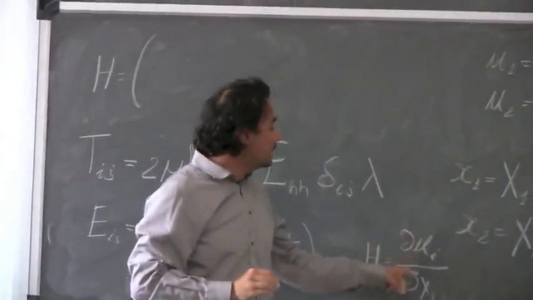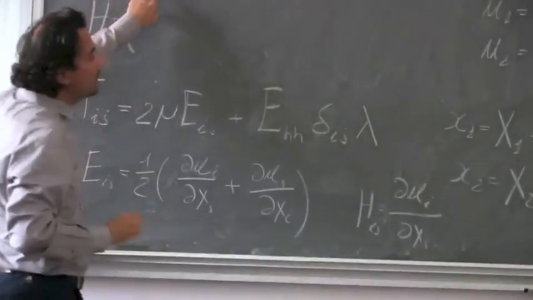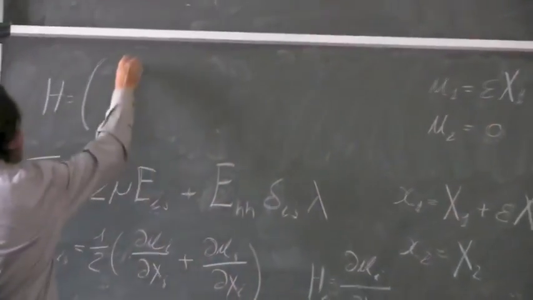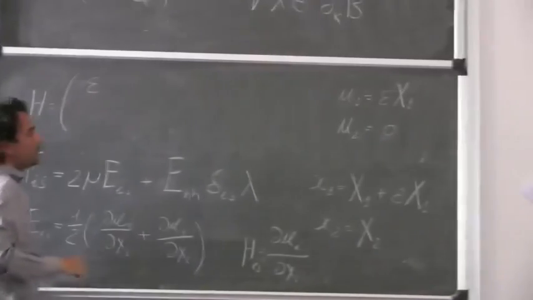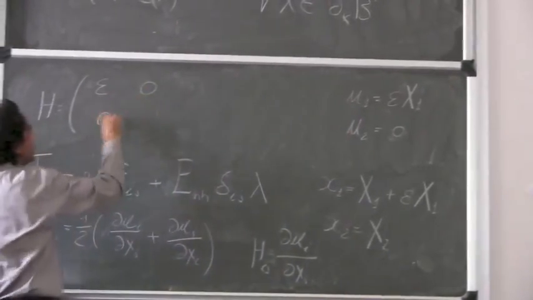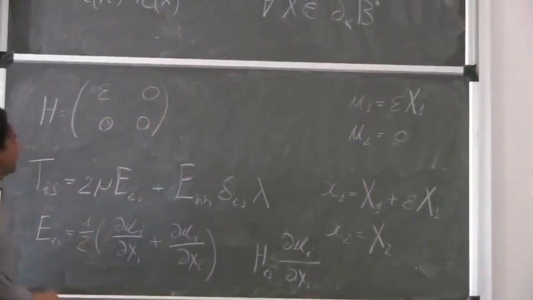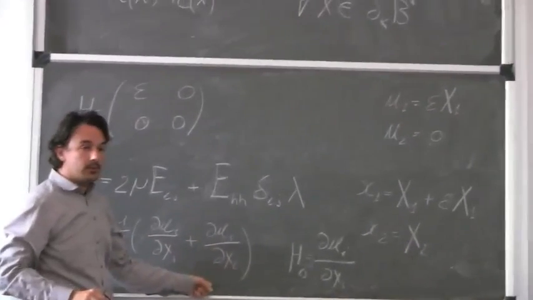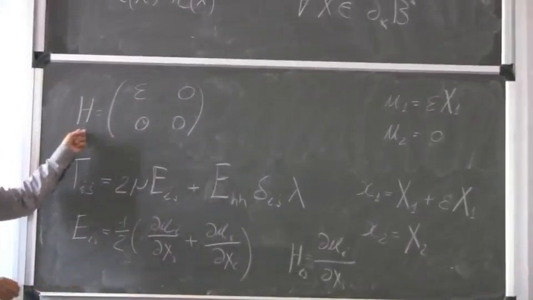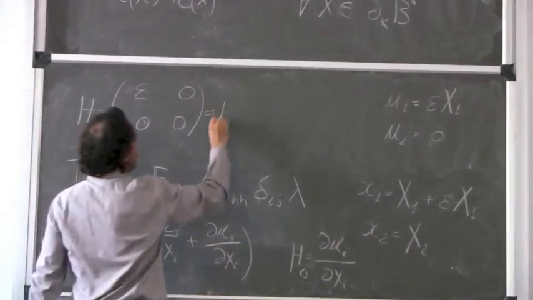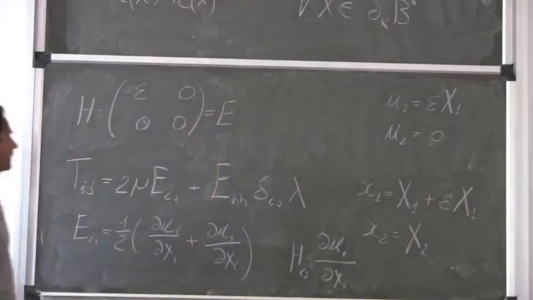The component 1,1 is the derivative of u1 with respect to x1, that is epsilon. The derivative of u1 with respect to x2 is 0, and 0 also the other components. E is nothing else than 1/2 (H plus H transpose). This is symmetric, so it is equal to H in this case.